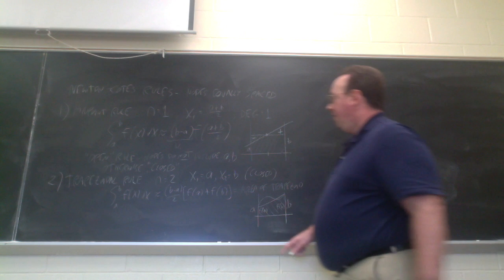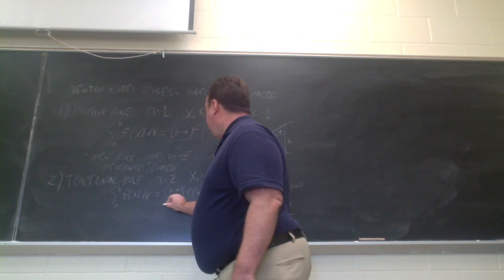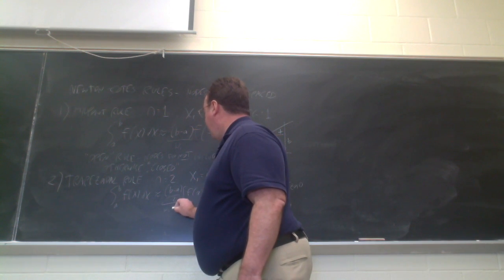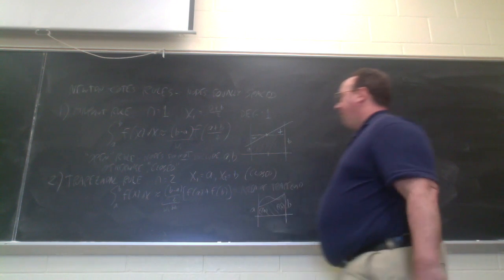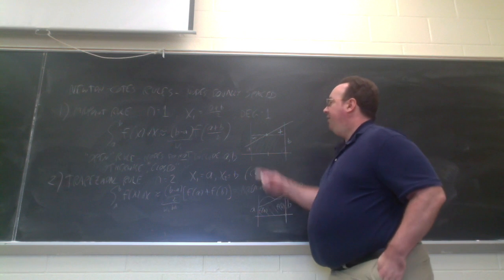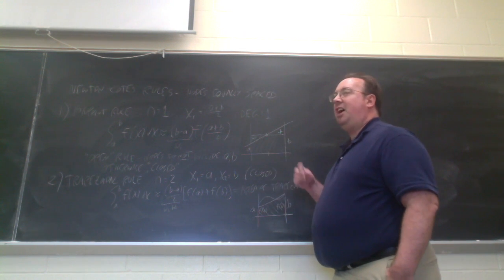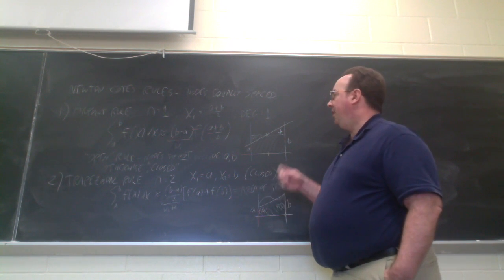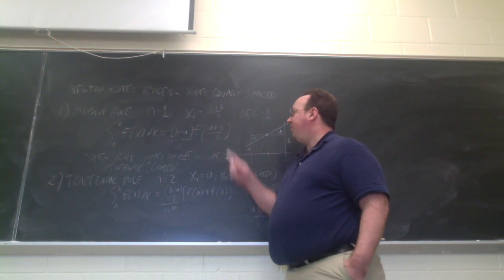So this number here, (B minus A) over 2, is W1 and W2. They're both equal to that. What's happening here is these are interpolatory quadrature rules too. The midpoint rule fits f with a constant function using a value at the point (A plus B) over 2.